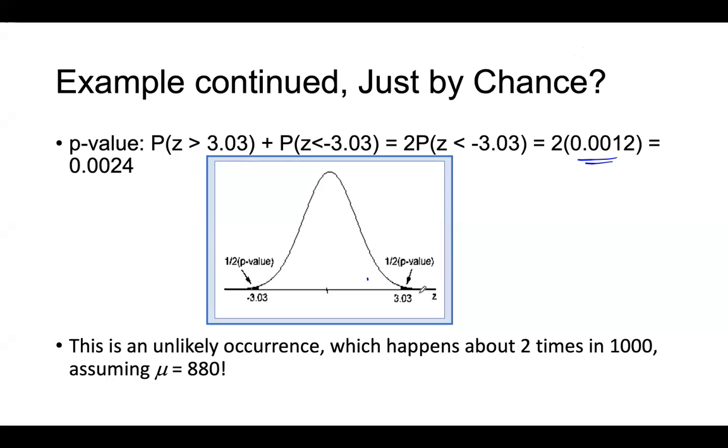Because it's symmetric, the two tail probabilities are going to be the same, so we just multiply by 2, and we have our p-value. This is very unlikely to occur, a very, very small probability that this test statistic actually occurs. It's about 2 times in 1,000, assuming that this is true.